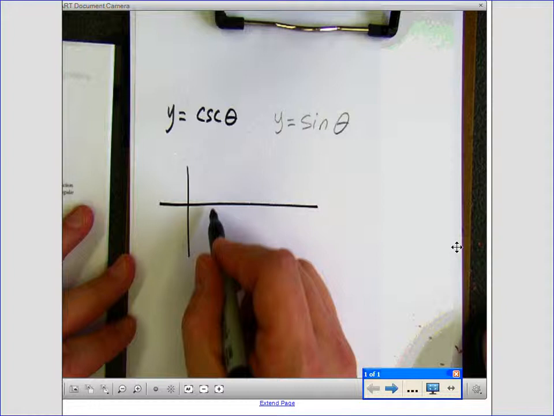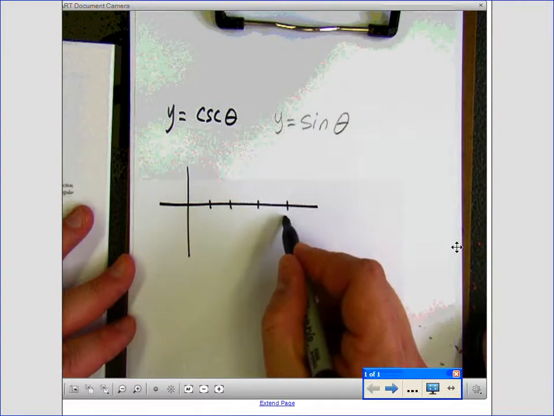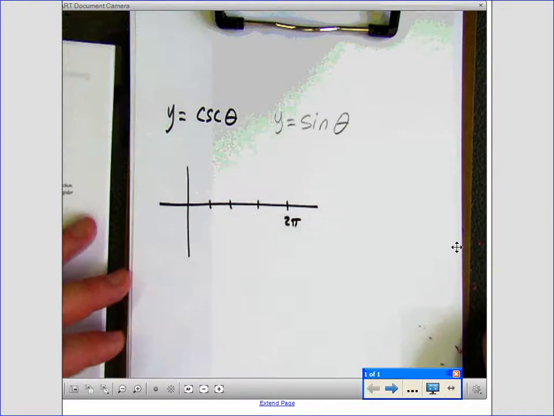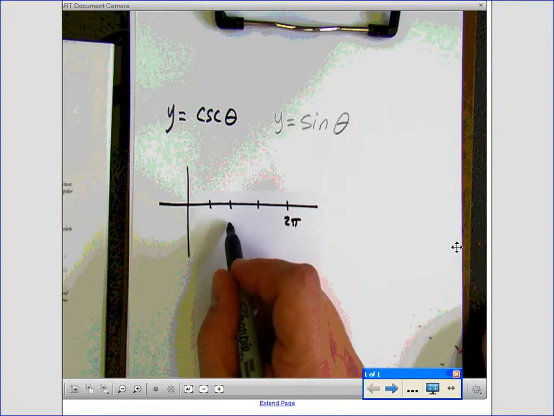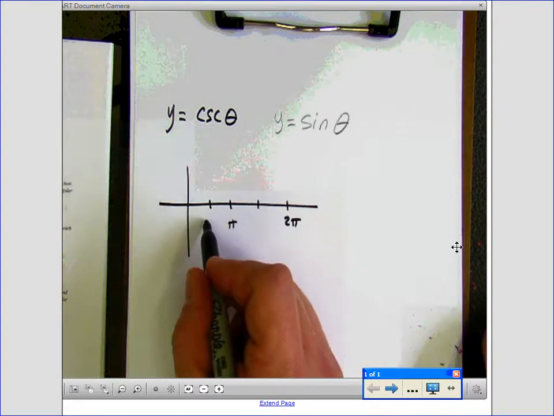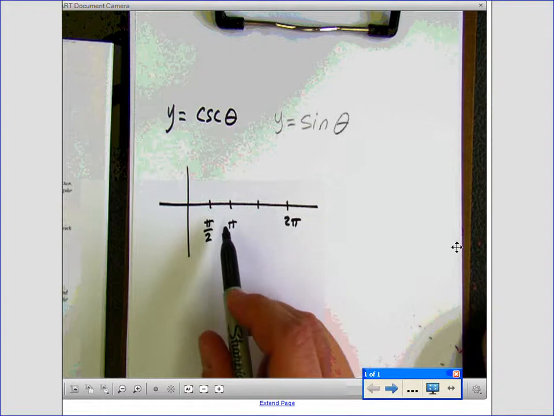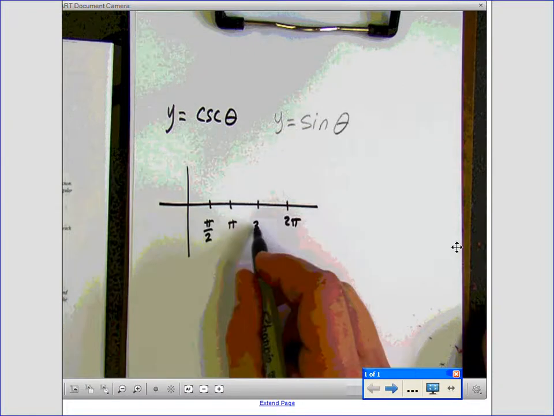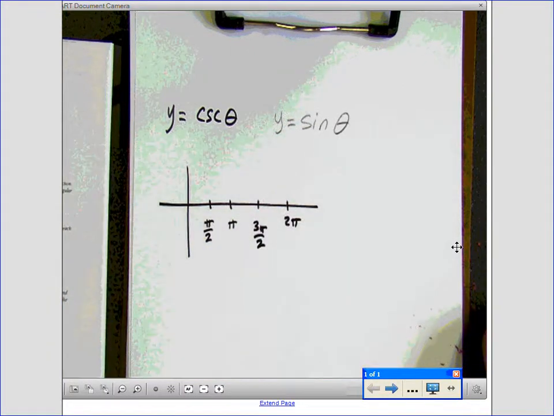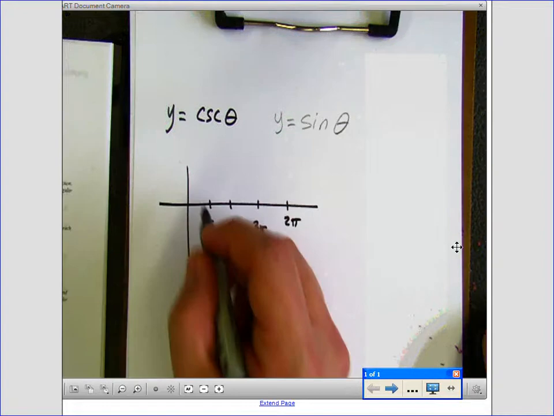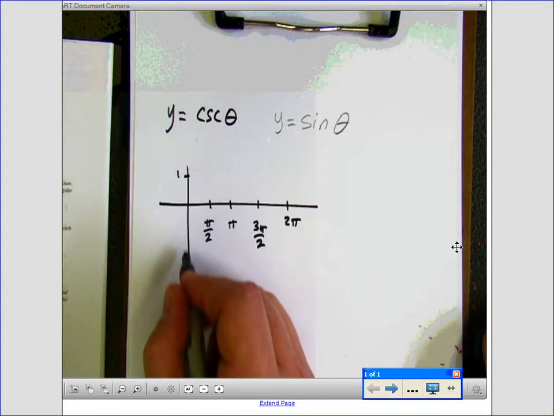Here we go. 1, 2, 3, 4 periods, 2 pi. Half of that's pi. Half of that's pi over 2. So you have pi over 2, 2 pi over 2, 3 pi over 2. Amplitude is just 1 and -1.